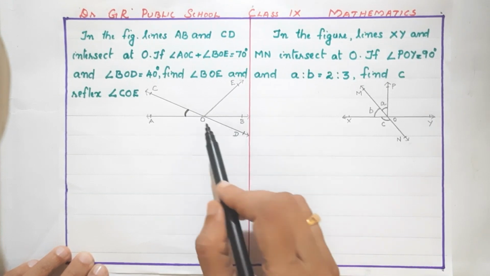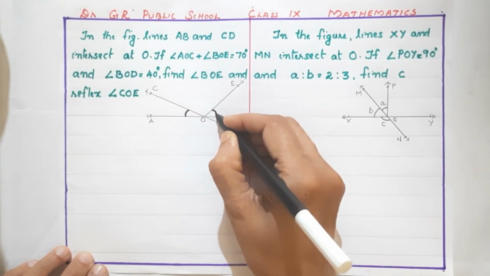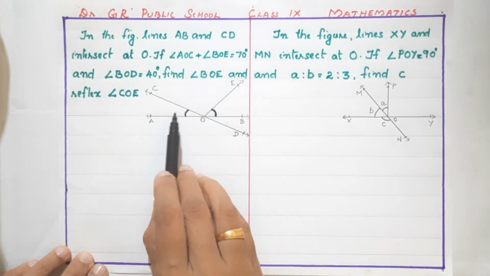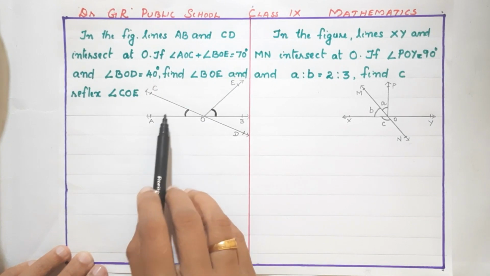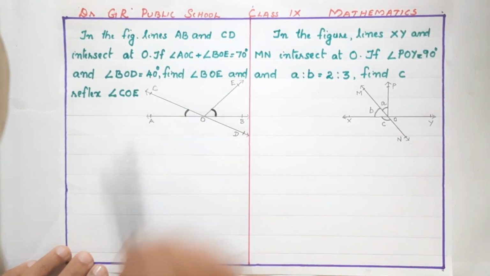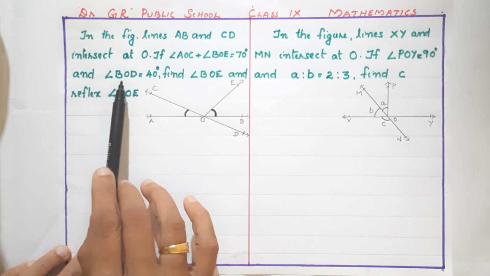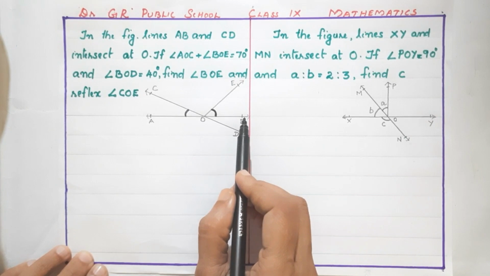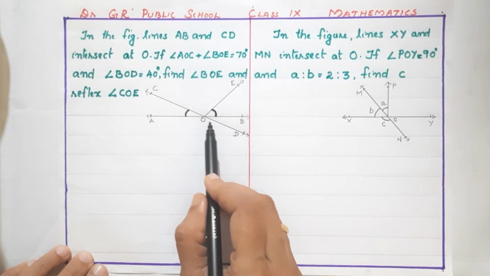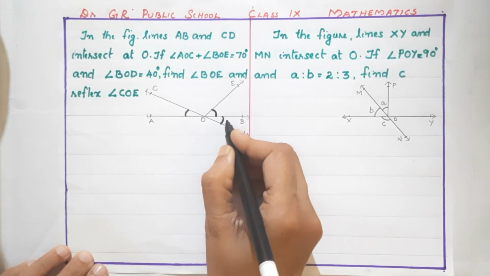Plus angle BOE. This one. The sum of these two angles is equal to 70 degrees. So we can't mark that angle measurement here. Then what is given? Angle BOD is 40 degree. Which is angle BOD? This one is given as 40 degree.